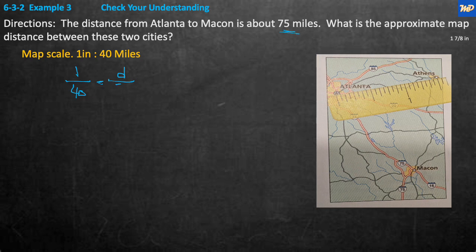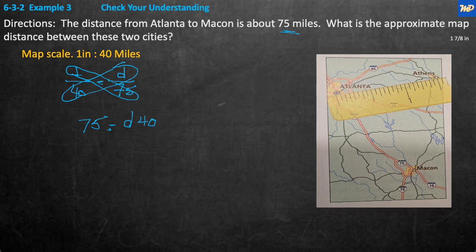It's 75 miles. Okay, so now we can do the cross multiply. These two will multiply, and these two will multiply. So we're going to get 75 multiplied by the 1 over here on this side, which is 75, is equal to D times 40.